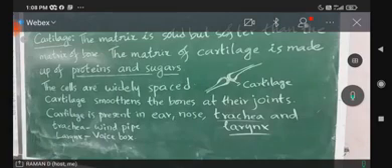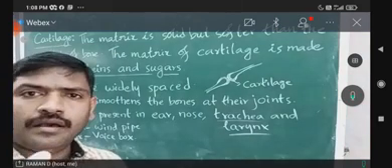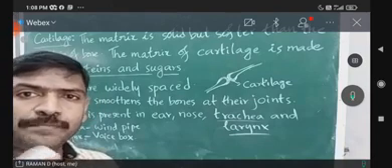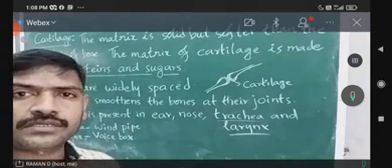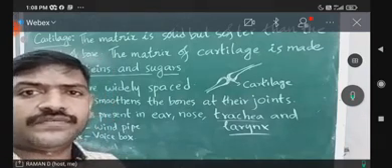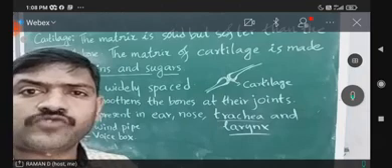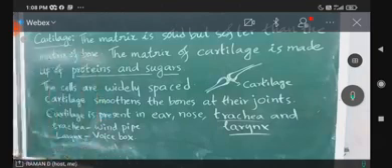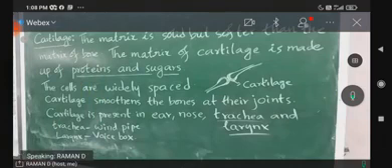Voice is generated due to the comb-like structures present in that voice box. When air moves through them with different frequencies and vibrations, different types of sounds are produced. Those comb-like structures have to bend and again get straightened, making vibration-type movements.